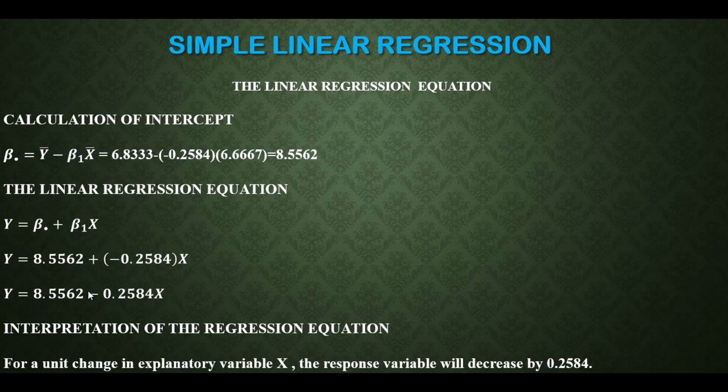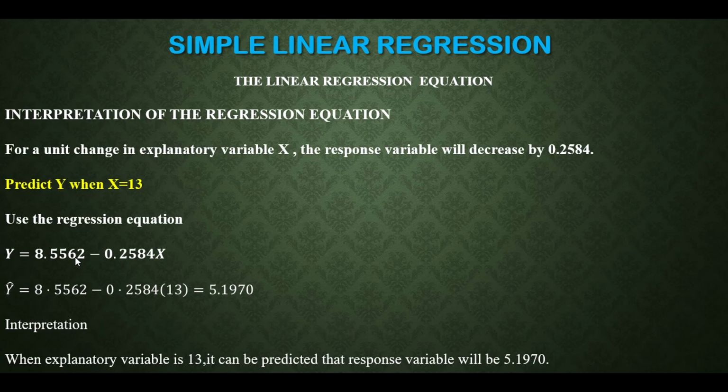Therefore, we use the regression equation we have already gotten. Let us rewrite the regression equation from the previous slide: y is equal to 8.5562 minus 0.2584x. We already know that x is 13, so wherever we see x, we place 13 there.